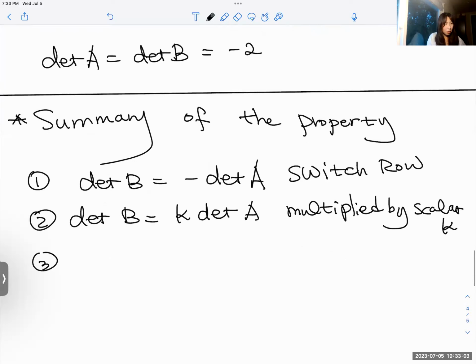And the determinant of B equals the determinant of A, replacement.